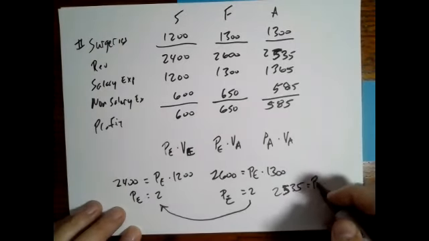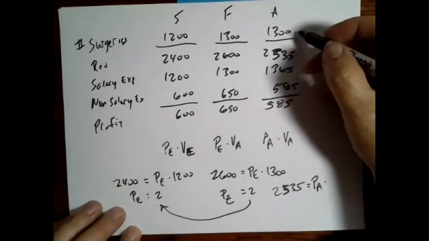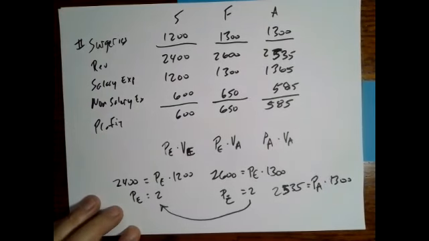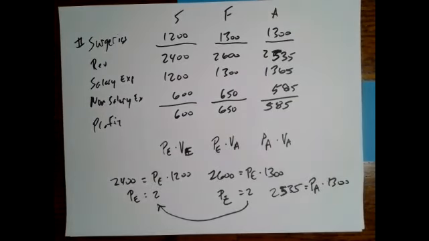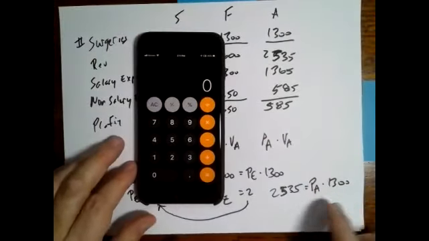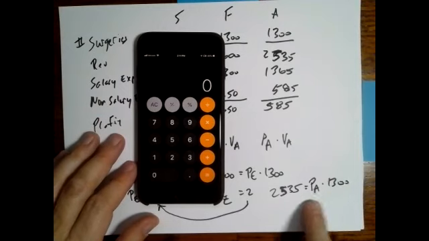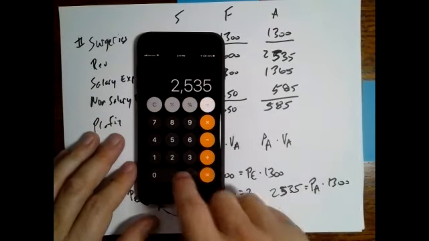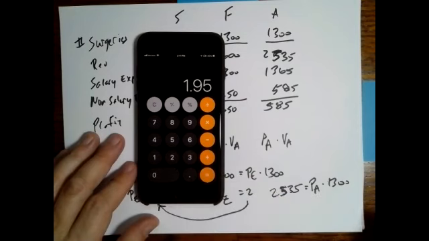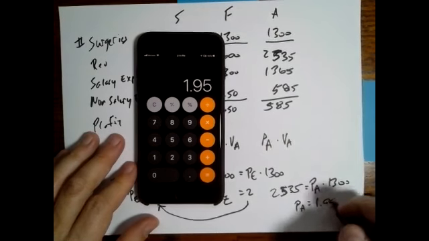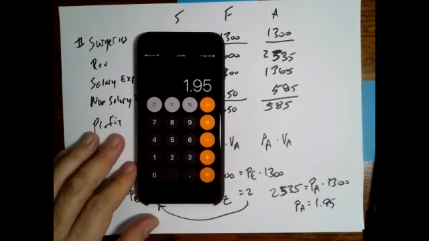We have price actual times the actual number of surgeries, which is 1,300. So we'll grab our calculator. Price actual is going to be 2,535 divided by 1,300, or 1.95. So the actual price was 1.95 per surgery.